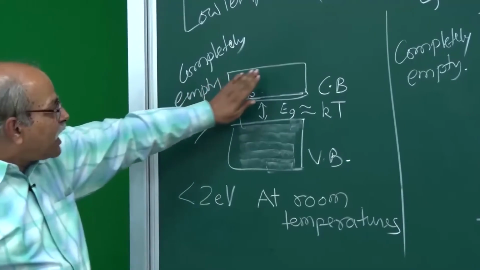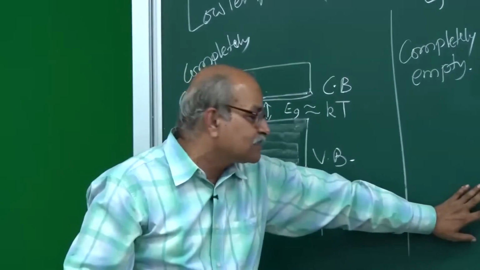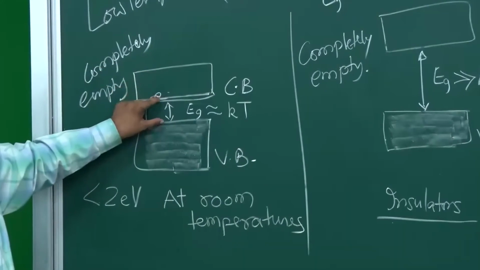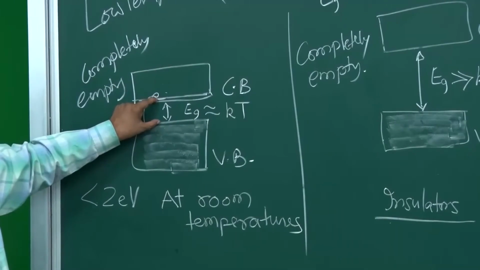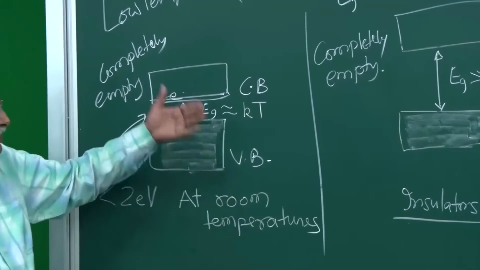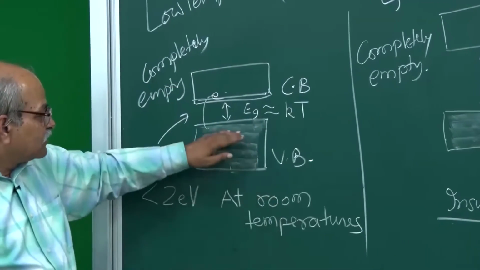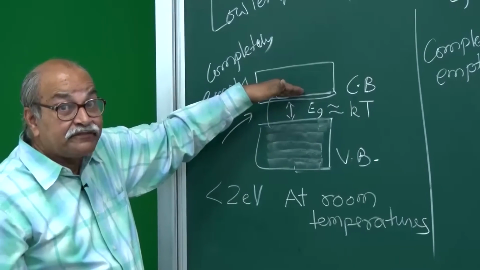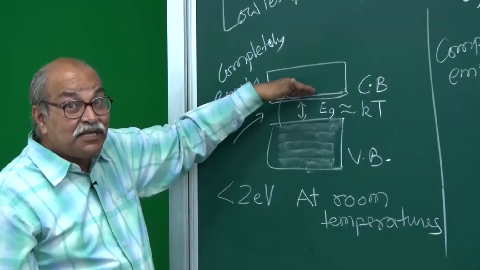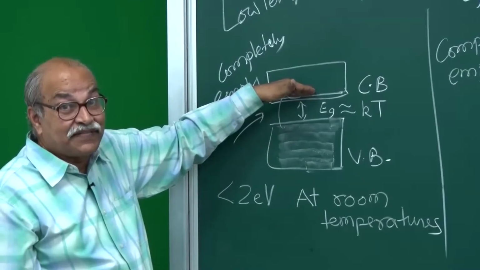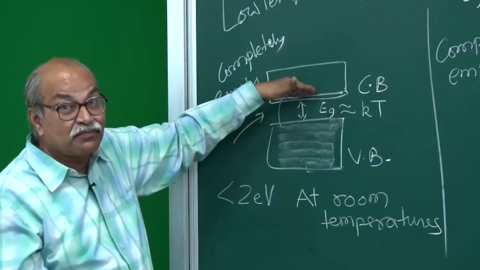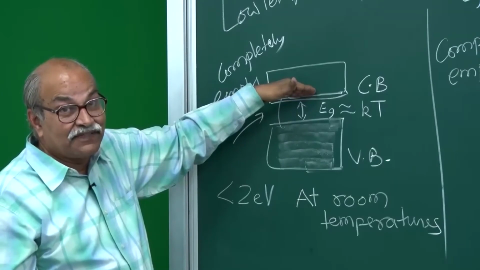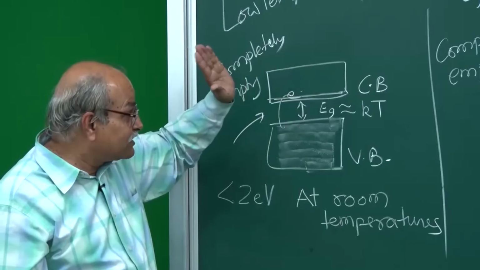So although the band structure is similar as it is here for insulator, but because this gap is not very large as compared to kT, at room temperatures or the normal working temperatures, some of these quantum states get occupied, and that some can still mean 10 to the power 13, 14, 15, 16. If the total is 10 to the power 23, some does not mean 5, 10, 15 or 50. Okay, so that number is sizable.